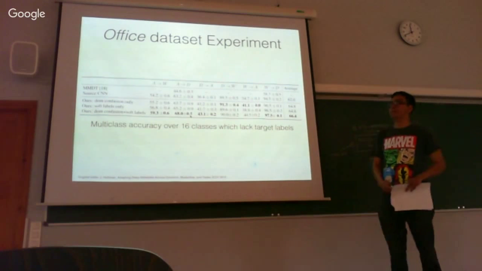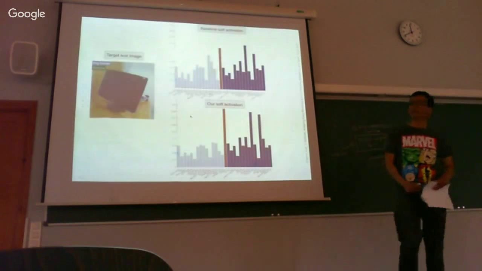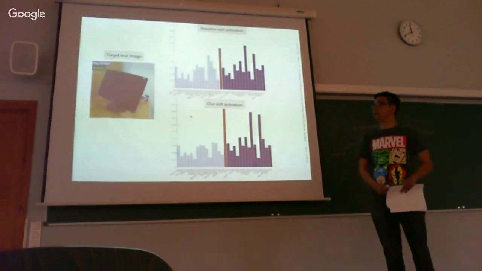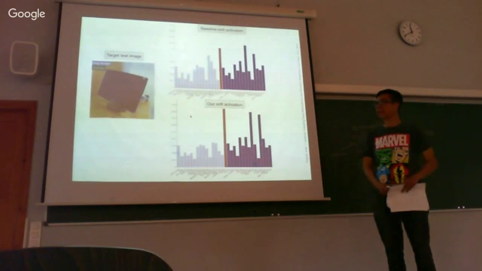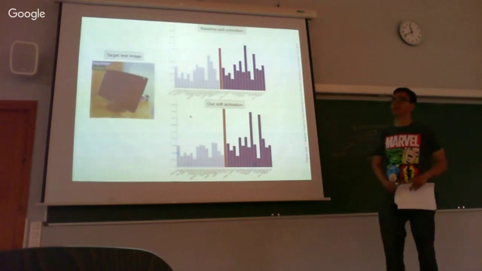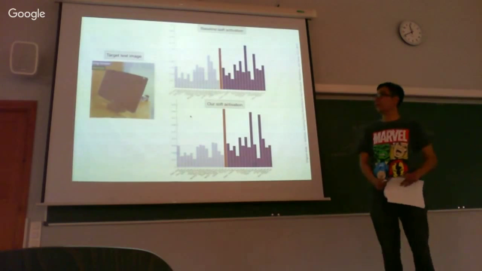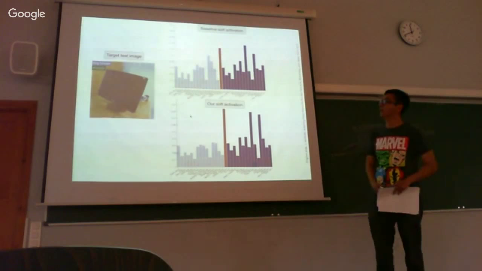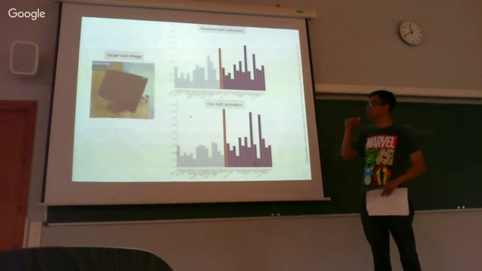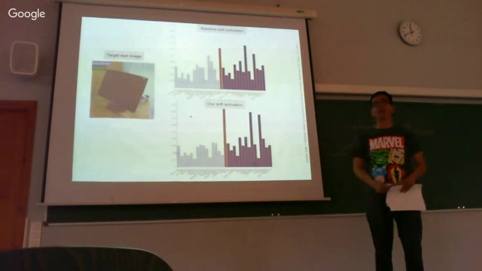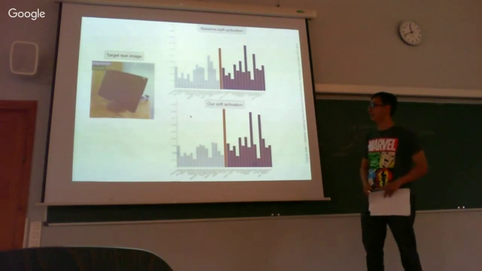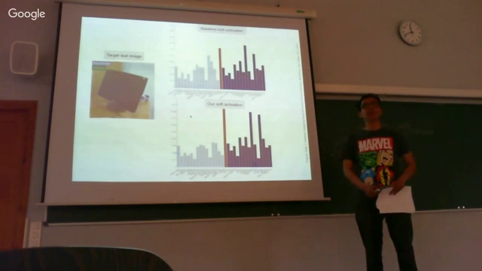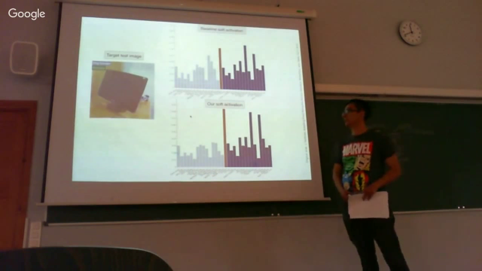Okay, so this slide shows the result of having limited labels. So they present to the network the class monitor. And here in this slide, in the upper part, it shows the baseline histogram of the probabilities. And in red, it shows the score for the class monitor.